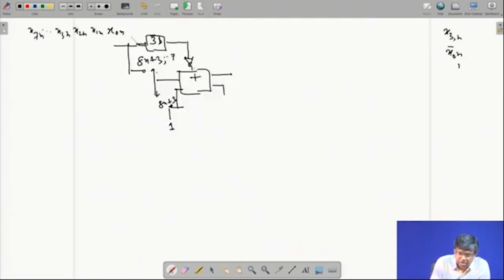So this will be 3 to 7. Then what happens? And always as you go on, the previous carry will be held in a flip-flop. It will come here.